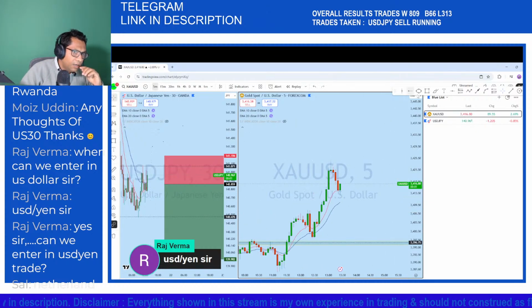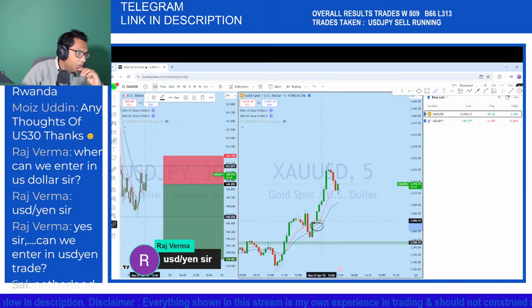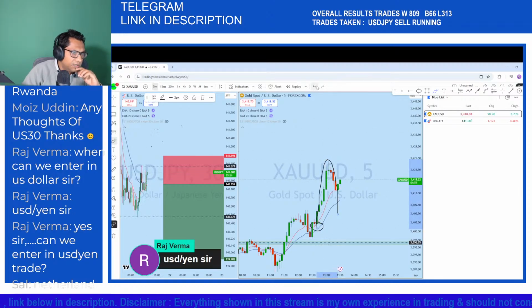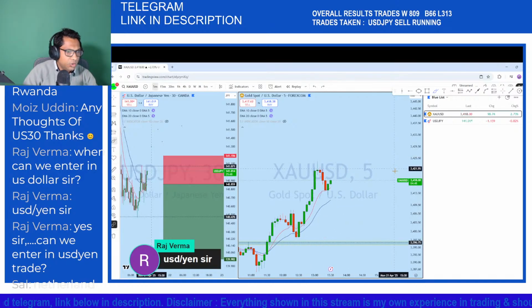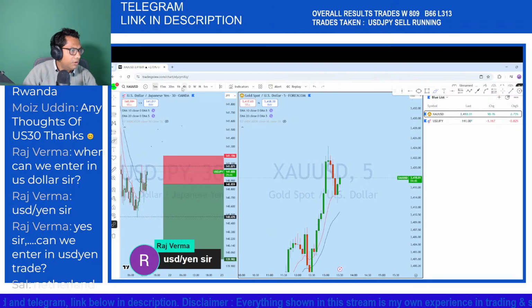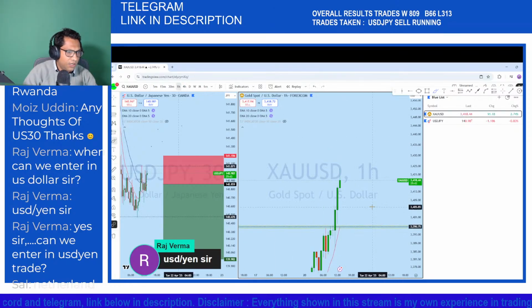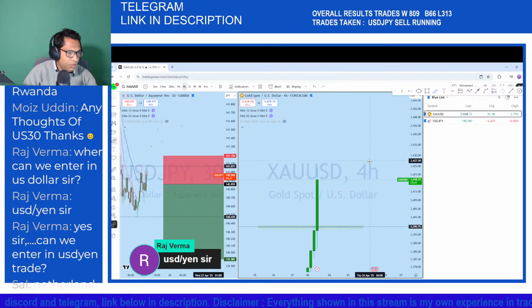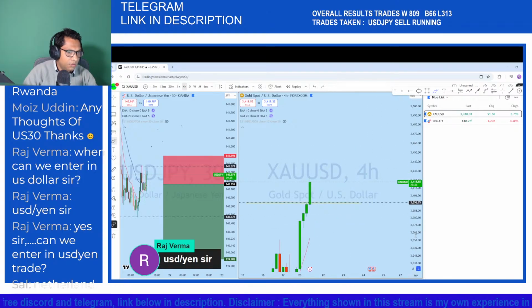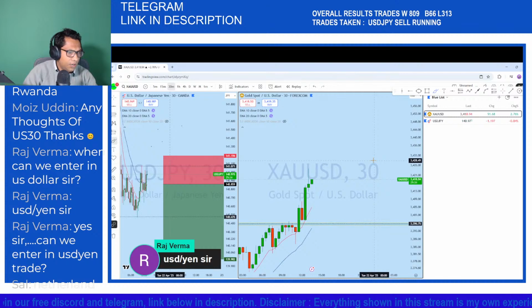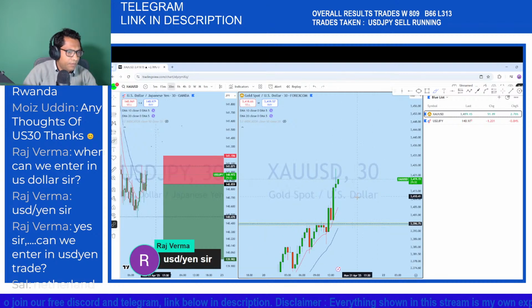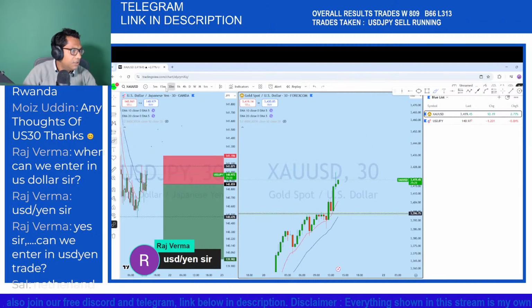So with a move here from this level on gold from the 5 minutes, we can see the price again trying to trend back to the major direction. So for us, for any entry here, we need to look for a possible bullish move, and it's in a trend.